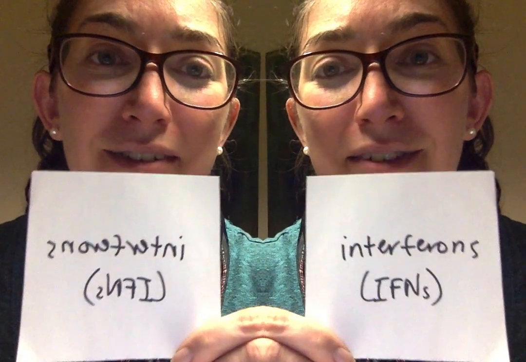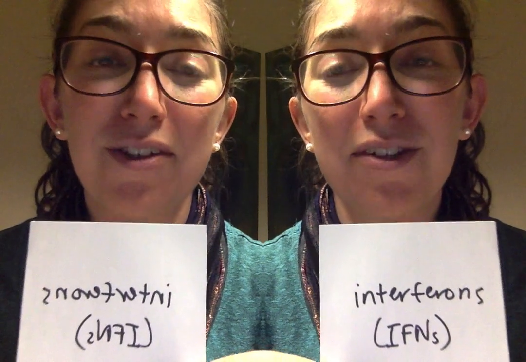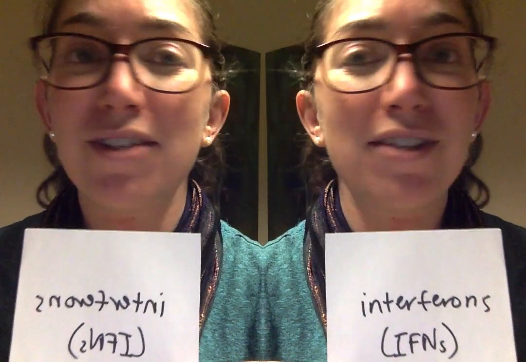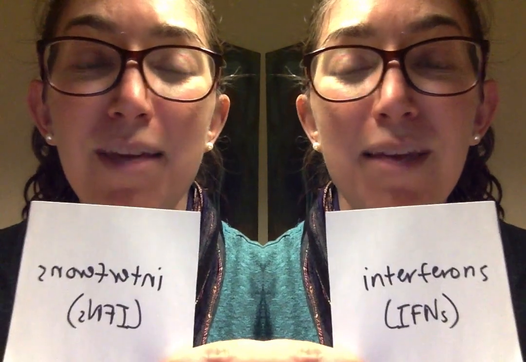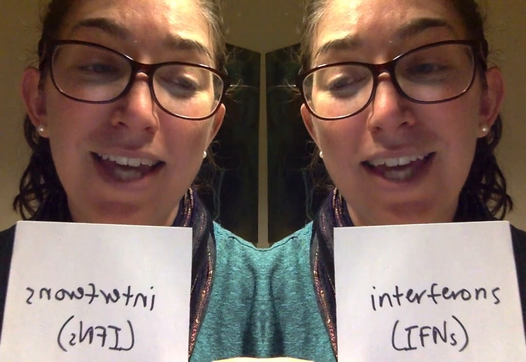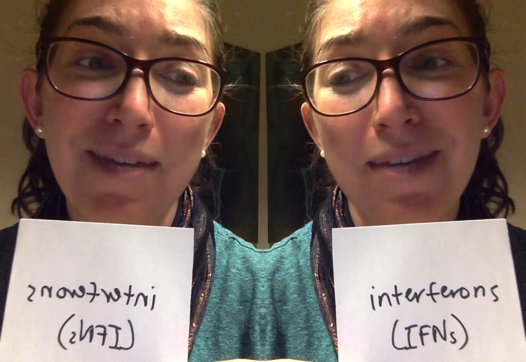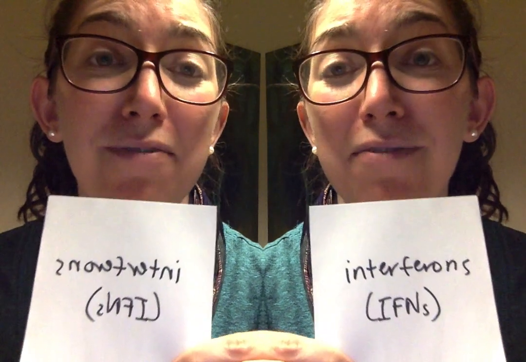Interferons, or IFN for short. There's a whole bunch of different types of interferons. These are another type of cytokine, a chemical that's used by the immune system to communicate. The important interferon that I want you to know about, the one that gave this class of molecules the name interferons, is produced by cells that have been infected by a virus.